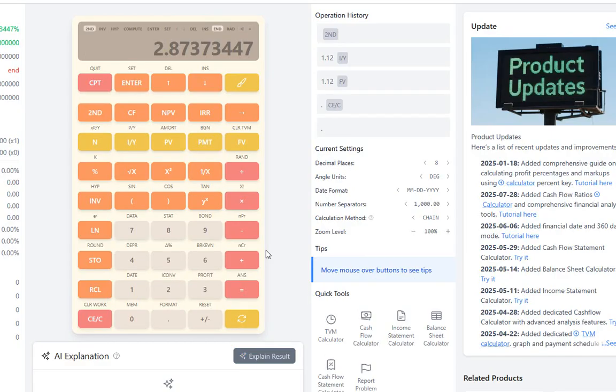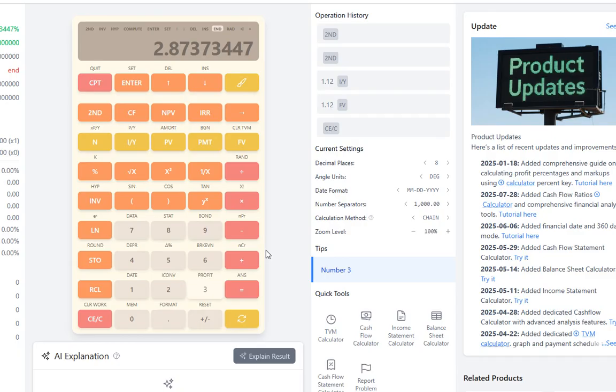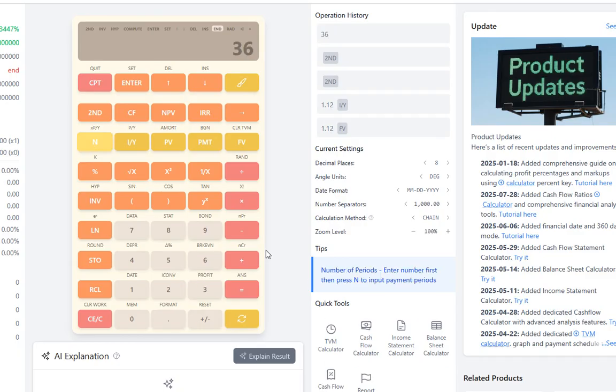No, I want to leave my 2.873 in there, so I would just overtype 36 for my N. I/Y is in there.